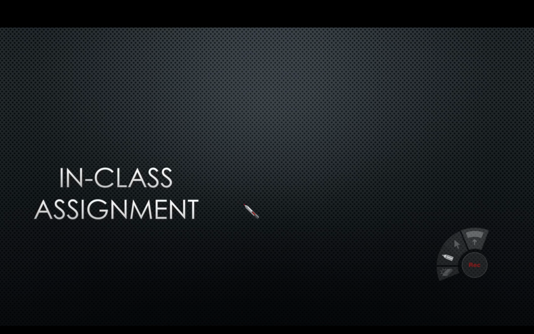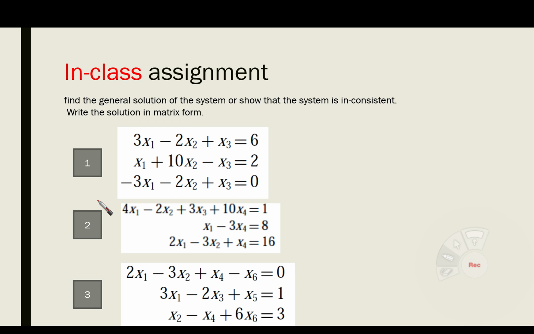Now I'm going to show the in-class assignment. Find the general solution of the system, or show that the system is inconsistent if it doesn't have a solution. Write the solution in matrix form. We have three systems here.